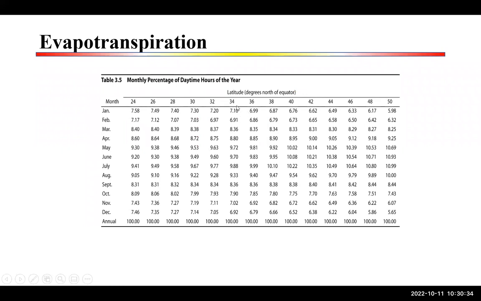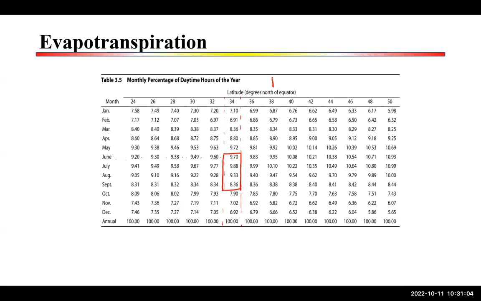Do we know the latitude for Phoenix, Arizona? 34. Wow, it's already there. We don't need to do any interpolation. That is the 34, right? Okay. And we are looking for June, July, August, September, right? So June, this 4.